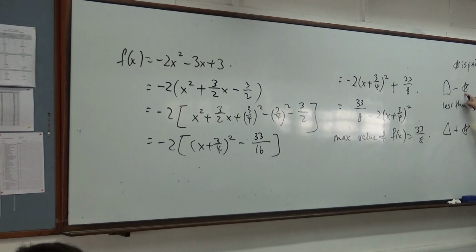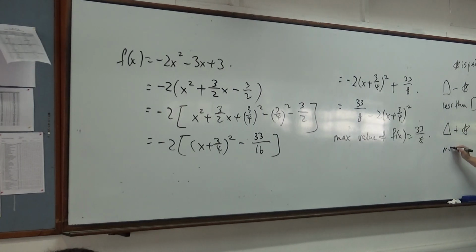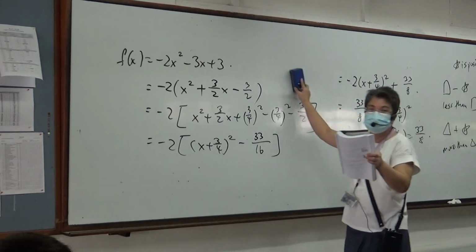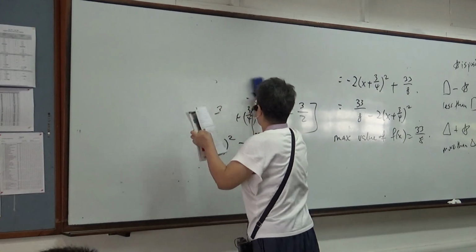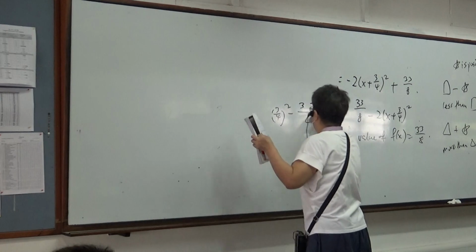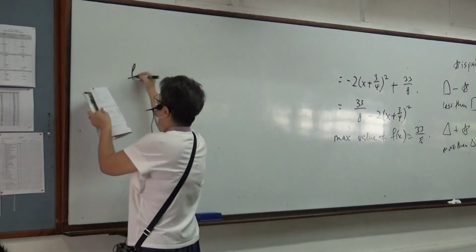So, if I have something minus positive, it must be less than something, right? So, this one is the maximum value, right? Now, if I have triangle plus star, star is positive. This one must always be more than triangle, right? That means triangle will be the minimum value. Agree or not, class? Okay, but just now, even if I didn't do the completing the square, I want all to look here. I want all to look here. First one.